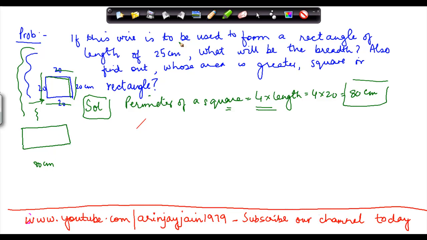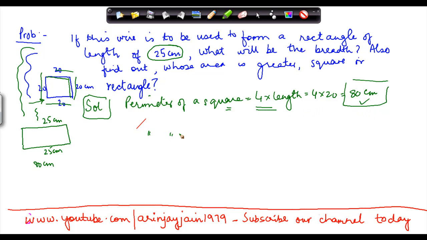What I have also been told is that the length of the rectangle is 25 centimeter. Now again, as you start molding and folding this wire, this can be used to form a rectangle, but the perimeter of the rectangle, which is going to be covered by this particular wire, has to be equal to 80 centimeter, because that's the length of the wire that we have.